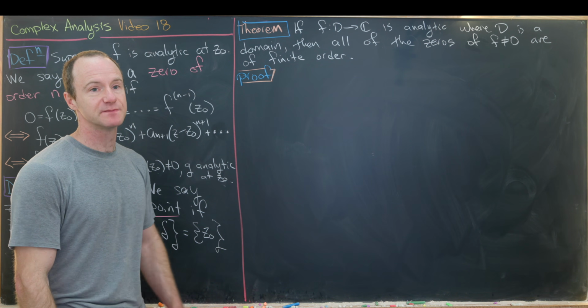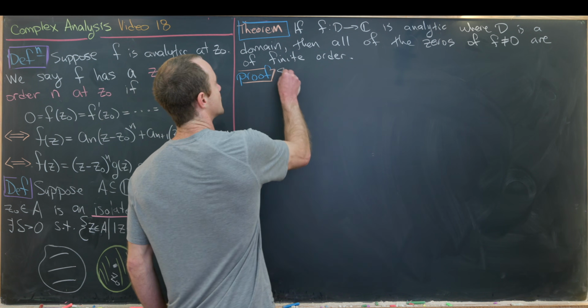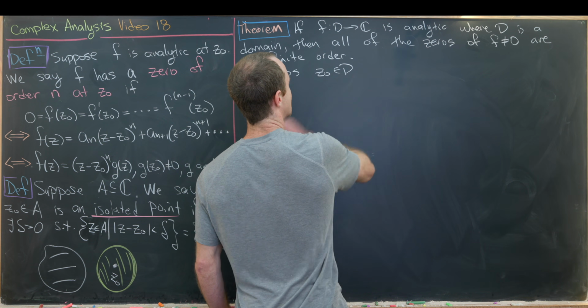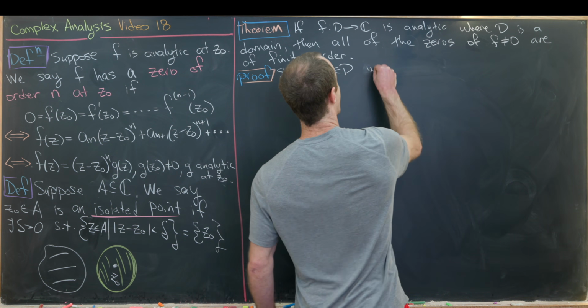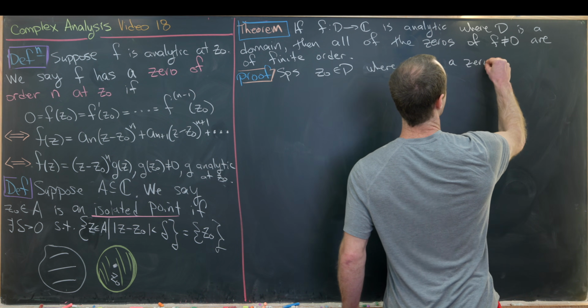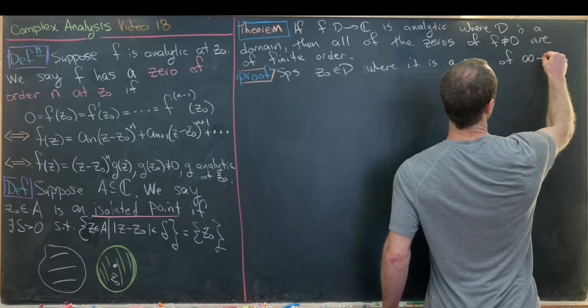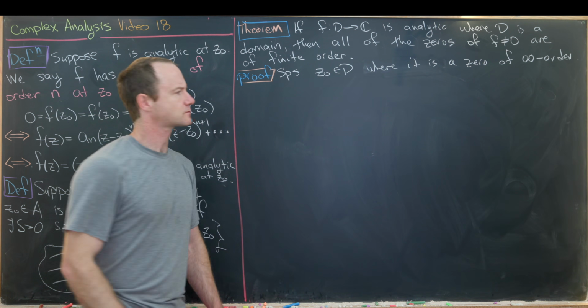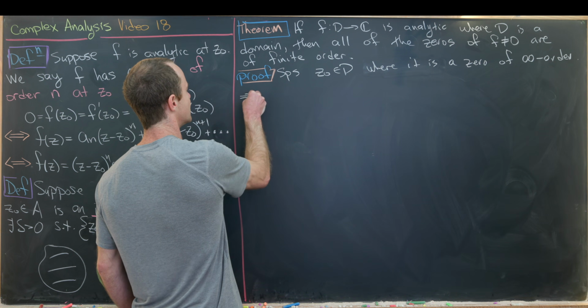We're going to do this by way of contradiction. Let's suppose that z0 is an element of our domain where it is a 0 of infinite order. What does it mean to be a 0 of infinite order?